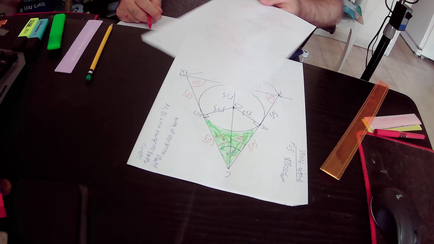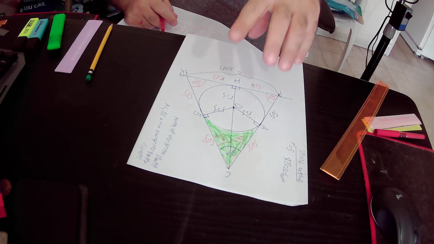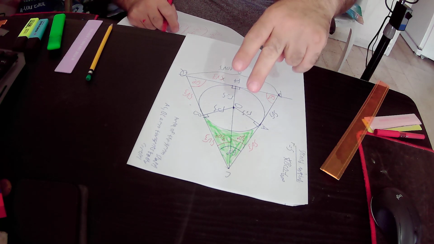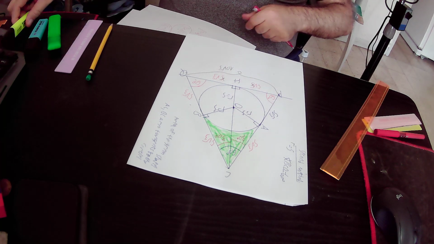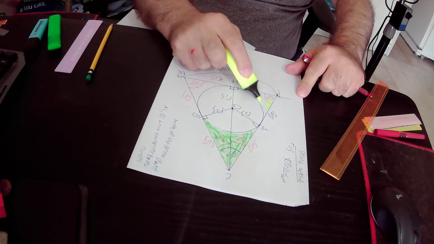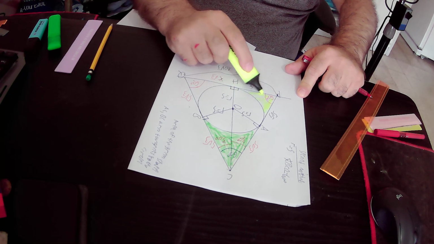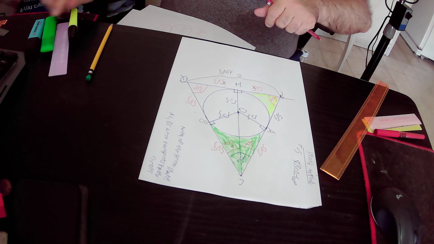So the area of equilateral triangle PCQ minus the area of the circle will give us the area of the green shape plus the area of the yellow shape plus the area of the blue shape.